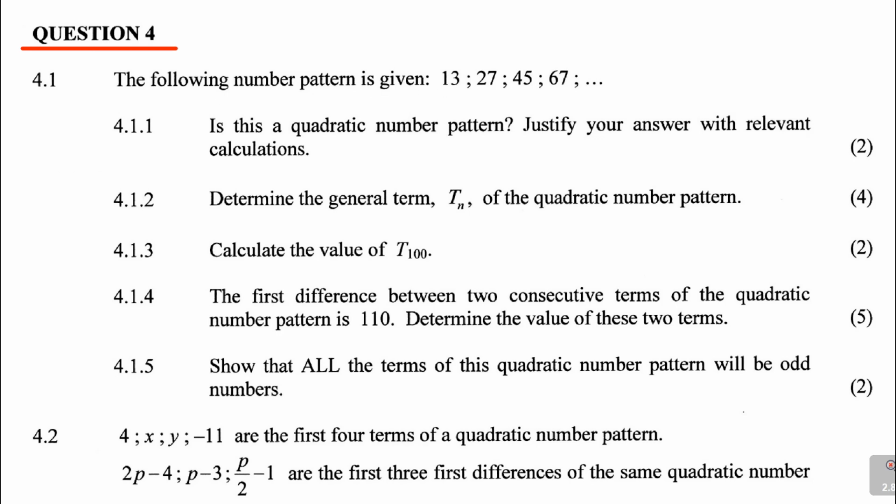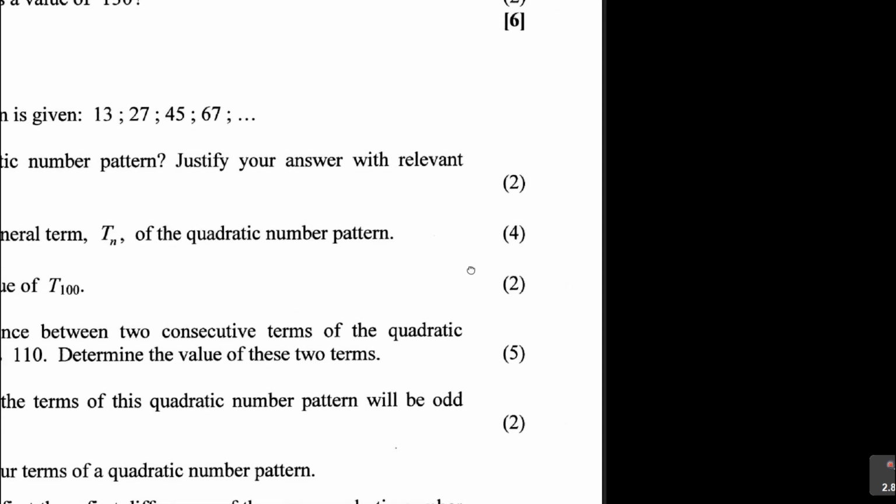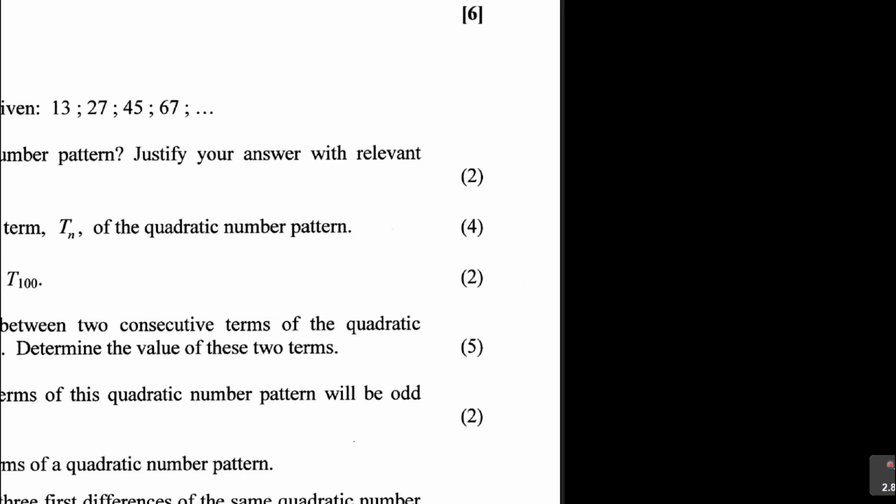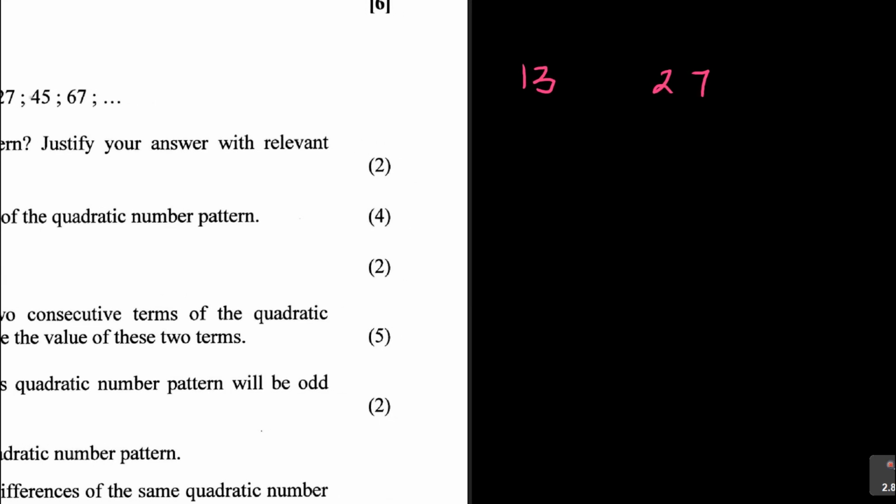So let's look at this pattern here. Let me work it from here. What are they giving? They're giving this pattern as 13, then I've got 27, then 45, and lastly, I have 67.